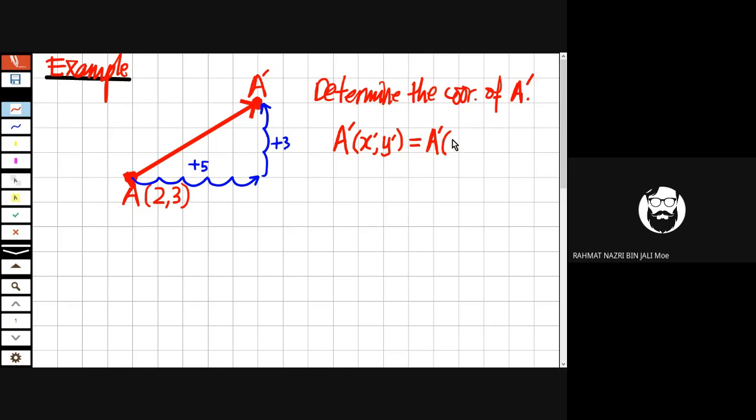Say that X kita ambil daripada objek ini ya, iaitu 2 tambah dengan pergerakan dia ke kanan sebanyak 5. Kemudian untuk Y coordinate bagi image kita ambil dahulu Y coordinate daripada A iaitu 3 tambah dengan 3.